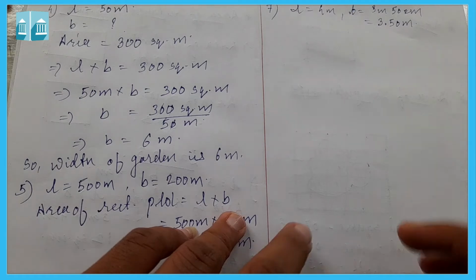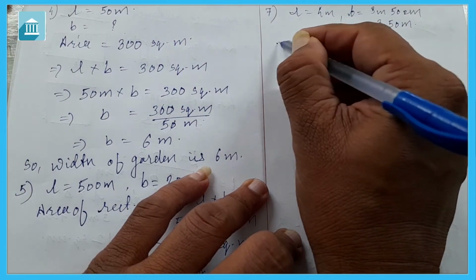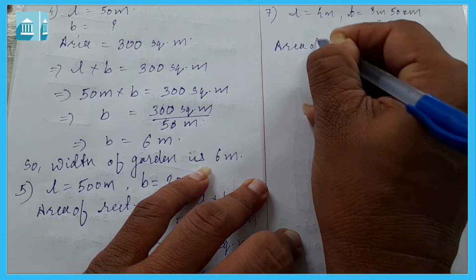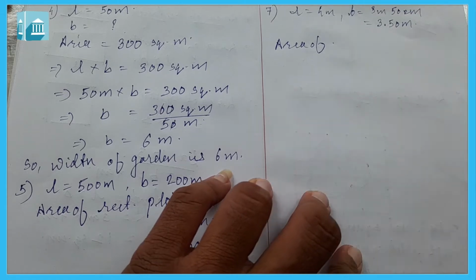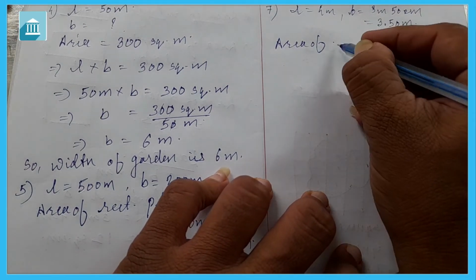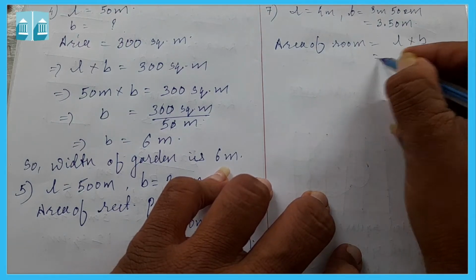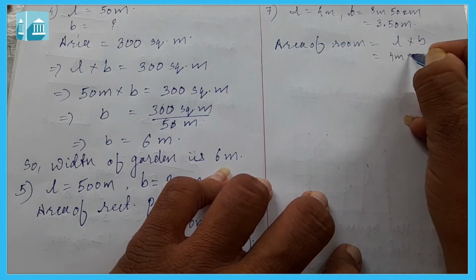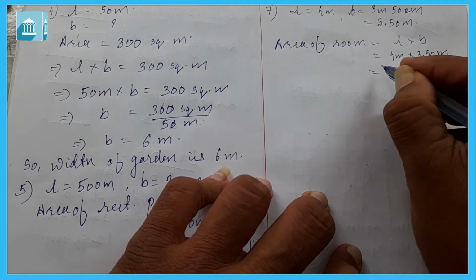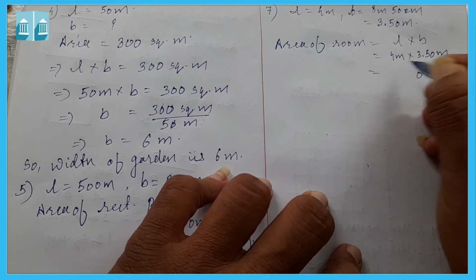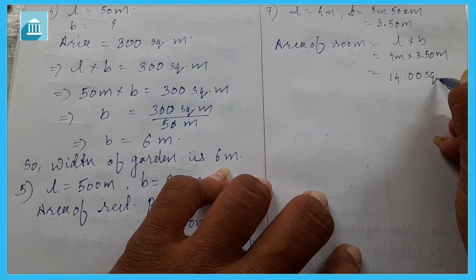How many square meter of carpet is needed to cover the floor of the room? Again we have to find the area of the room to find the square meter of carpet, which is equal to L into B, which is equal to 4 meter into 3.50 meter, which is 14 square meter.